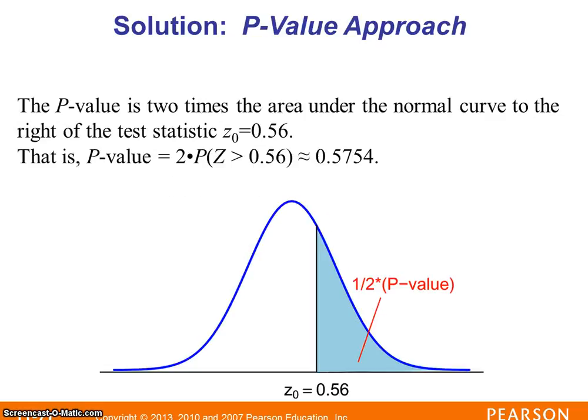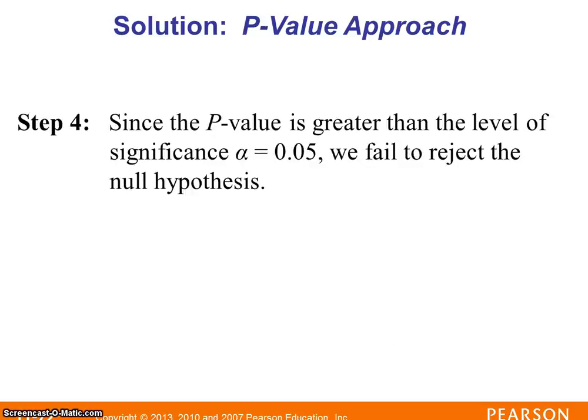In this case, you'll get a p-value of about 0.5754. So the p-value is quite a bit larger than the alpha level, which is 0.05. So in either case, using the p-value approach or the classical approach, you would fail to reject the null hypothesis.